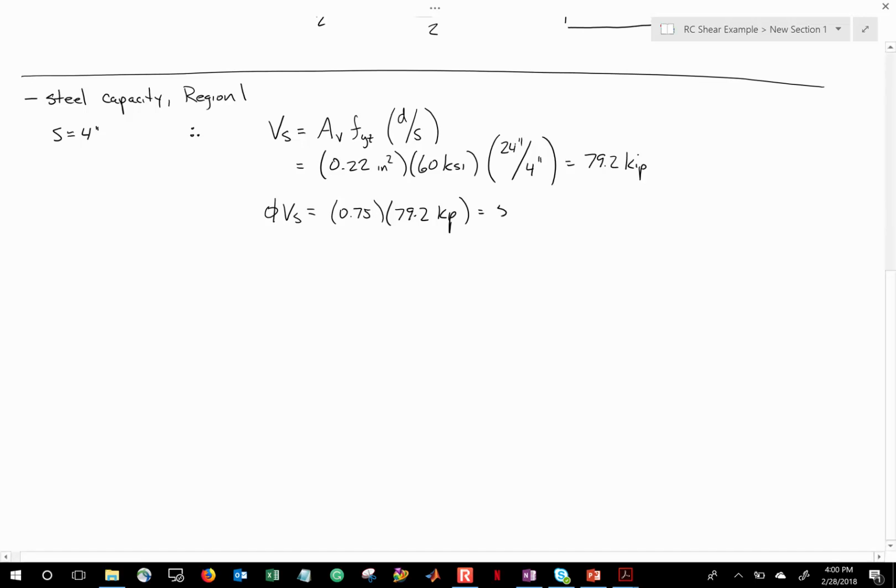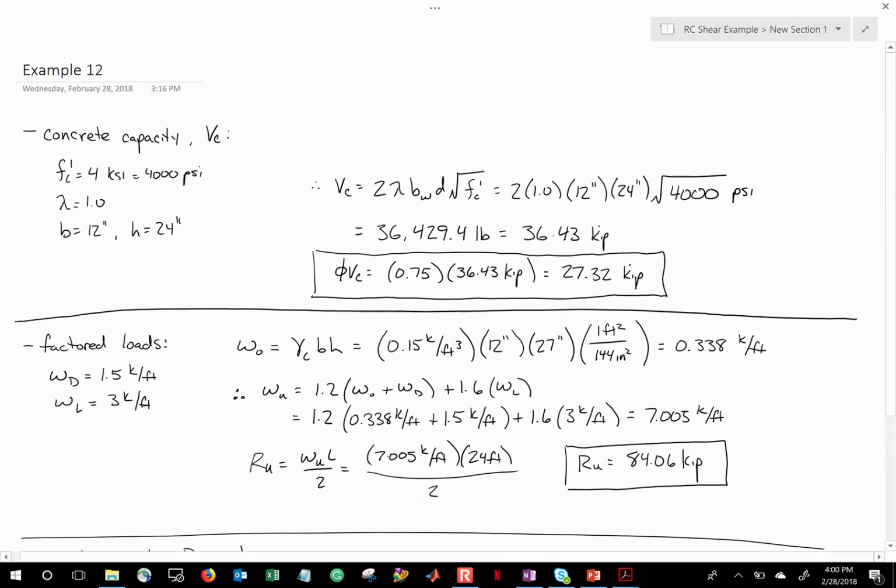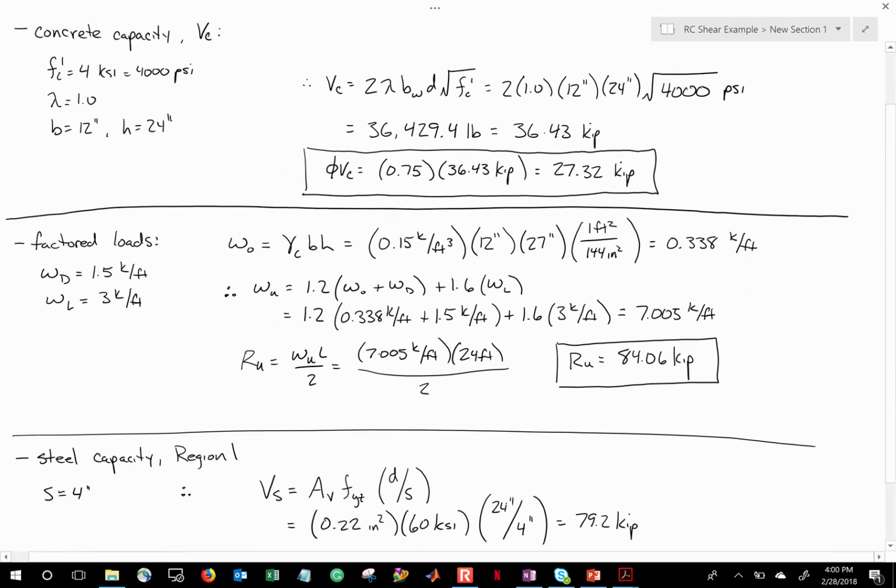So that is 59.4 kips. And now that we have ΦVS, we can go ahead and compute ΦVN, which is just ΦVC plus ΦVS. Now ΦVC, that was 27.32 kips.